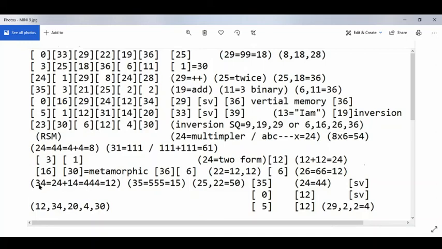So like 34 is equal to 2 4s plus 1 4, and that's what we have right here. So it met right here and links right here, and so what you have is 4, 4, 4, and that is equal to 12, and you got your 12 right there. So in other words, this is equal to this right here, and this is equal to this. The 12 is equal to 34 because this represents 3 4s. 3 4s is 4, 4, 4. And that pretty much ends this whole sequence.